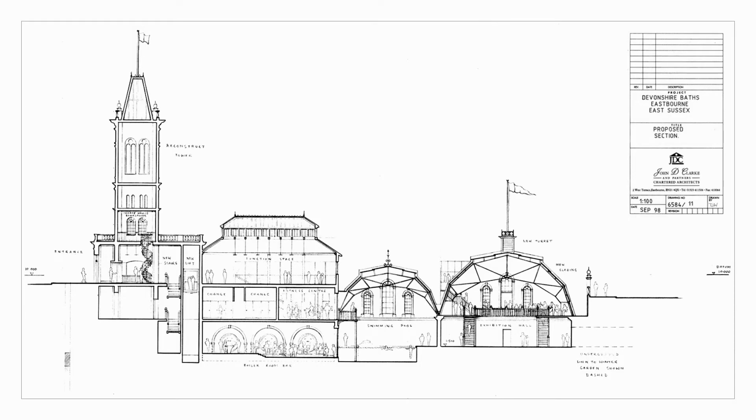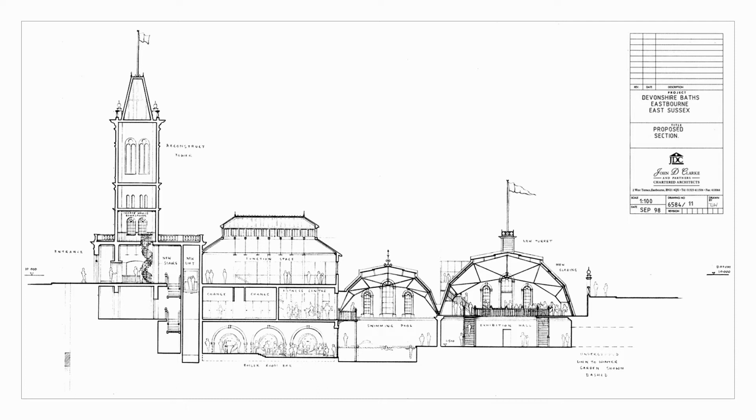Quite right. There's a section through that shows the baths. So there's this incredible tower, which doubled up as a chimney from 3 enormous Lancashire boilers. And this was developed, first of all, by a private company, the Devonshire Baths Company.